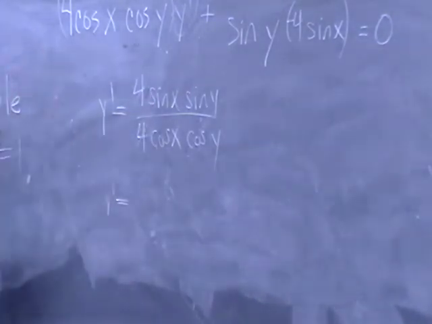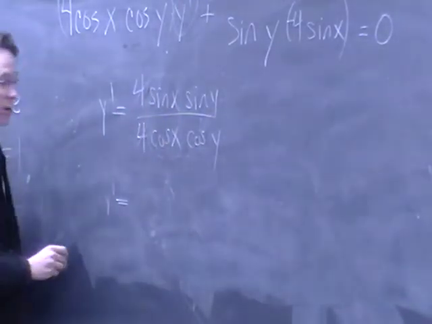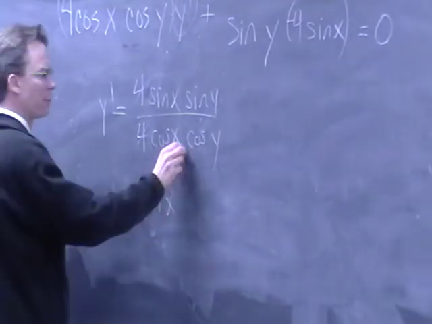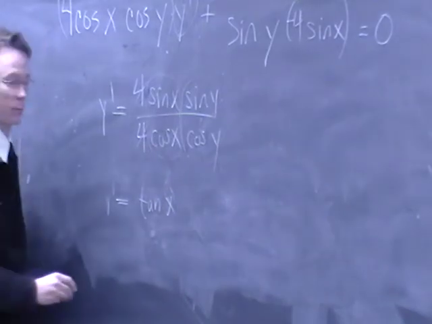But since it's all just factored, you can cancel factors. You can't cancel terms. But yeah, Rachel's right. Sine x over cosine x is really just tangent x. And this would be what? Tangent y.